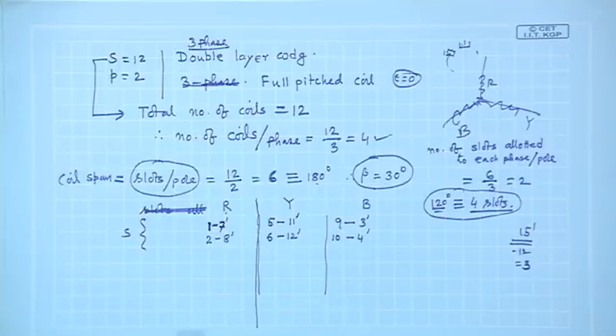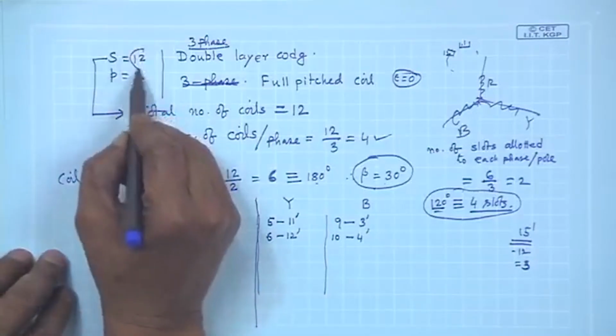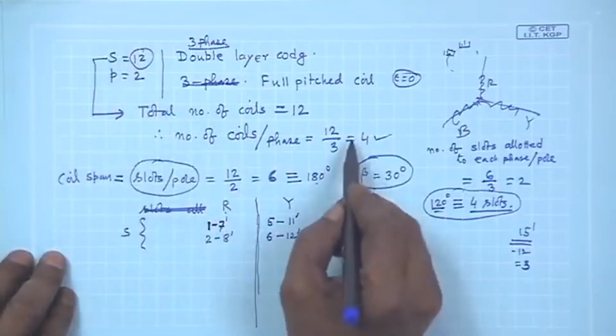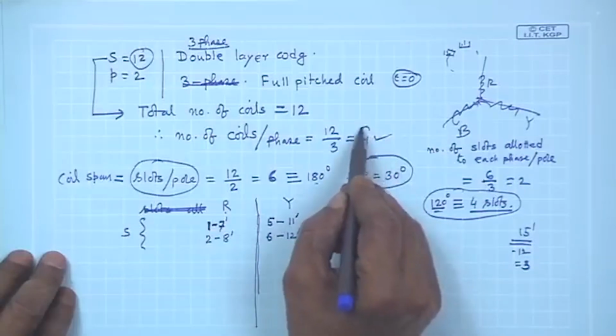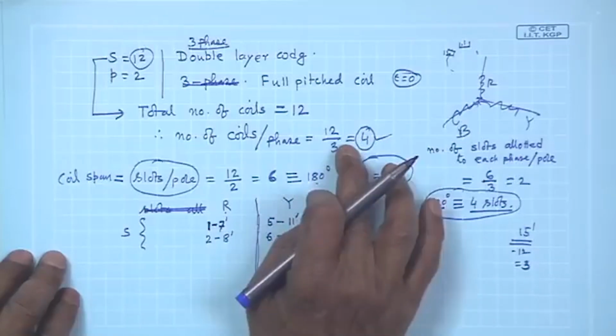Now the question is, but before doing all these things, I knew that total number of coils will be 12 and each phase will have how many coils? Total coils will be 12 because double layer. So, number of coils per phase, if you count them at the end, should be 4.